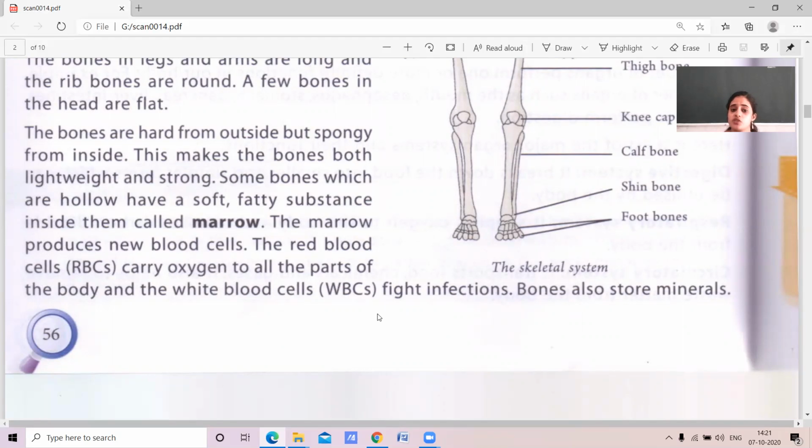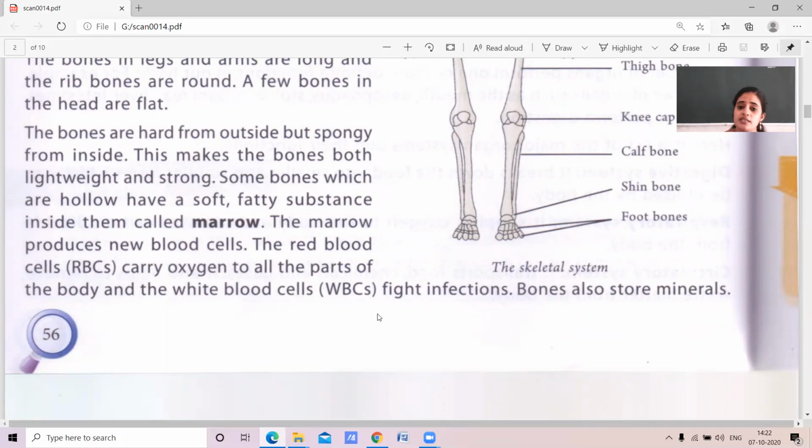Some bones which are hollow have a soft, fatty substance present inside. We call that marrow. Yes, children, inside the bone there is a soft, fatty substance, and we call it bone marrow.